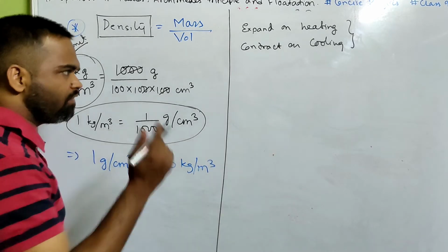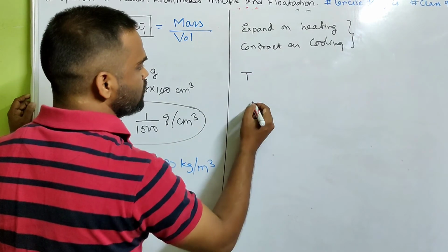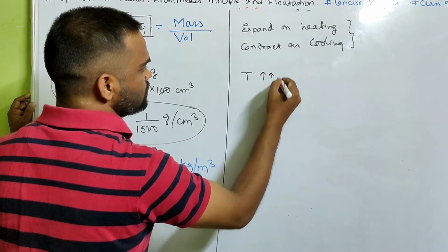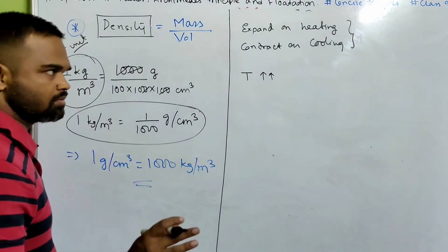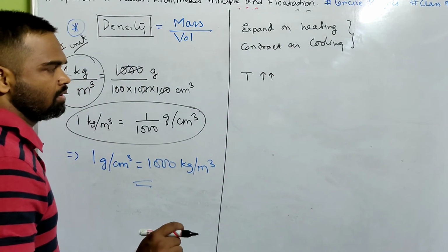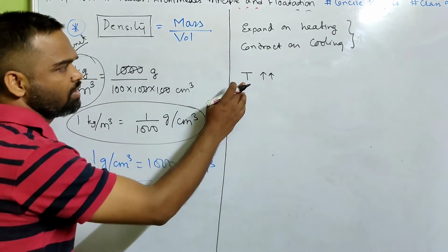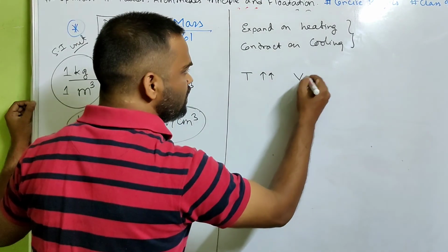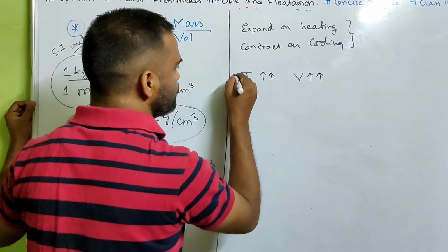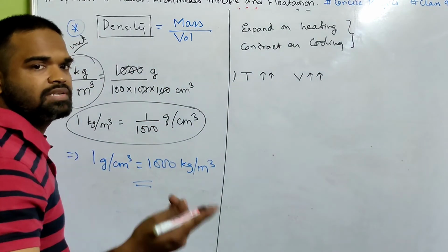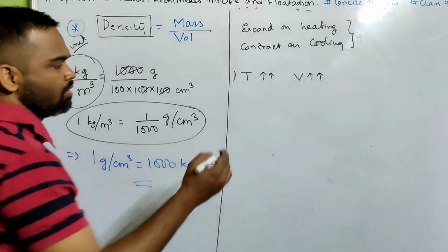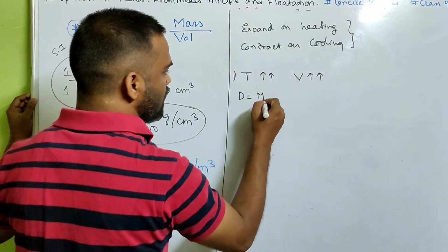So suppose you increase the temperature, most of the body, the volume will increase. Yes or no? Definitely volume increases. Now, density is mass by volume.